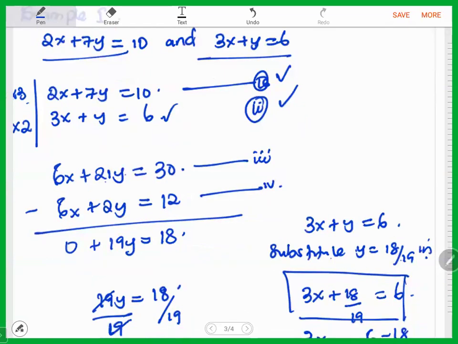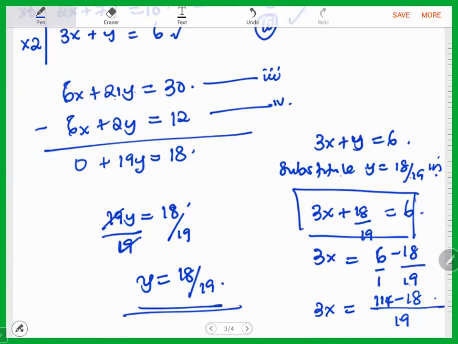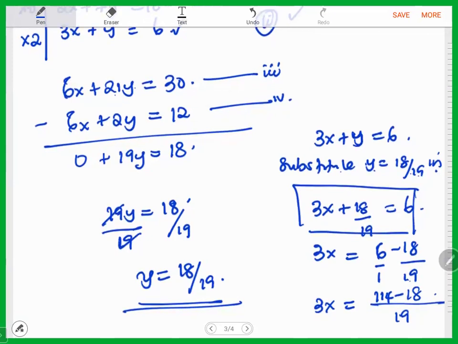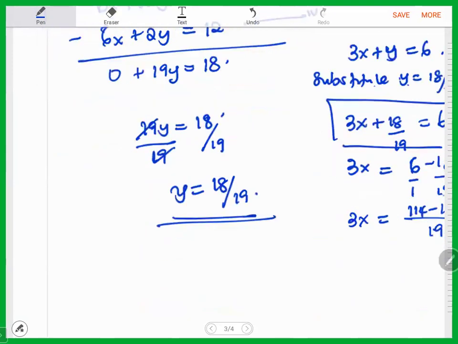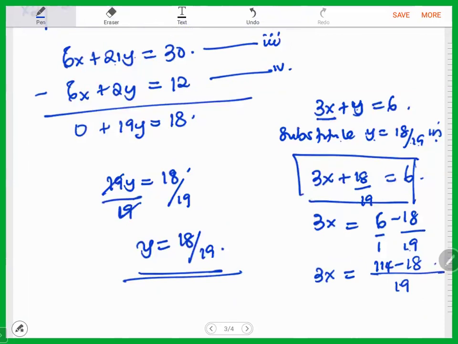So where there is y here, I'm putting the value of y, which is 18 over 19, to solve for x. Here it is 3x plus y, but y is 18 over 19, so that's why I'm putting 18 over 19, which is equal to 6. Are you getting it now?